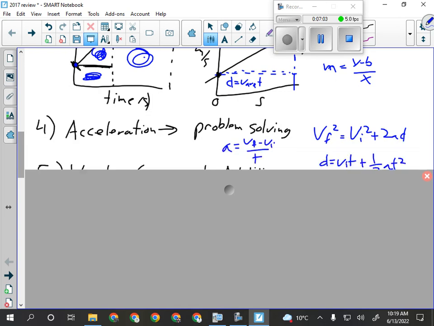And then we talked about acceleration. We've got all kinds of acceleration formulas on our formula sheet. Incidentally, you're getting exactly the same formula sheet, just a fresh copy of it for your final exam. Expect that there's likely going to be some acceleration problem solving, especially since it's part of projectile motion.